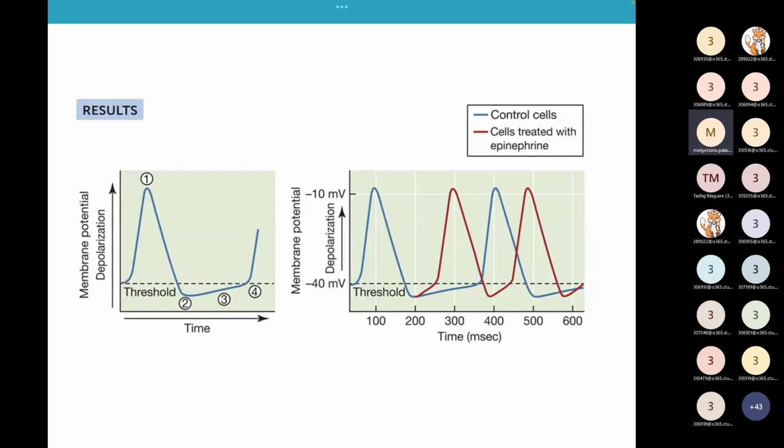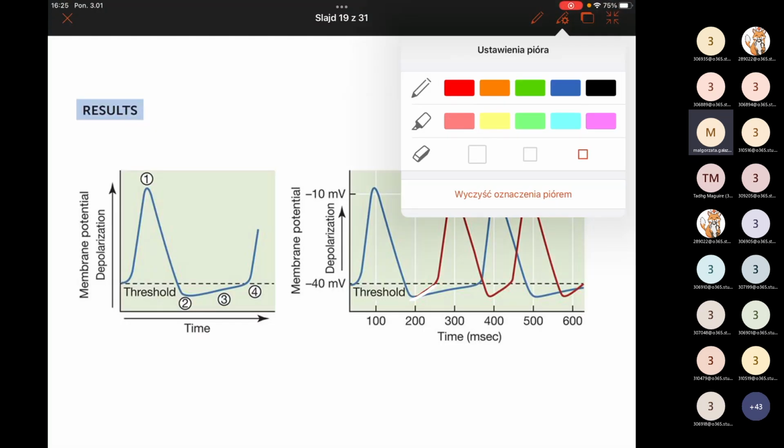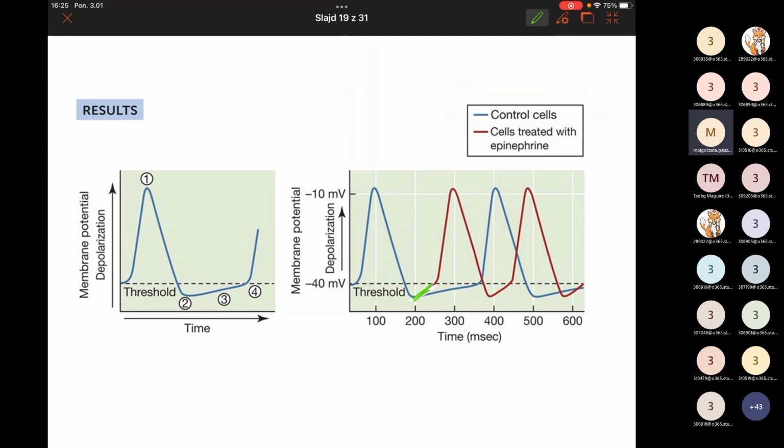As you can see on this graph, you can see the impact of sympathetic nervous system on the action potential generation in pacemaker cells. Comparing the red line with the blue line, we can see that the depolarization before reaching the threshold over here is much shorter after binding norepinephrine to beta-1 receptor.